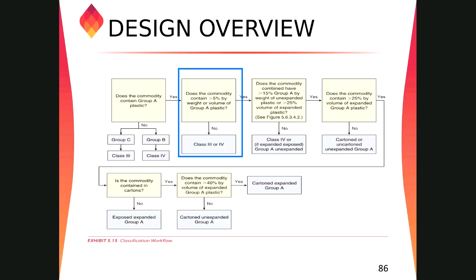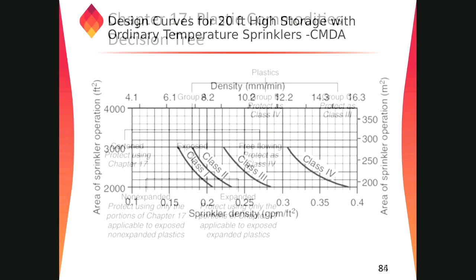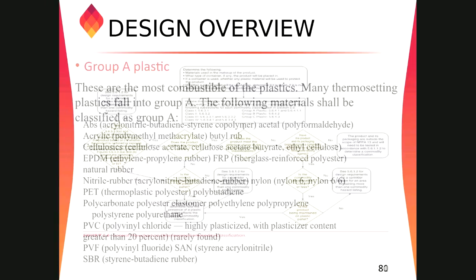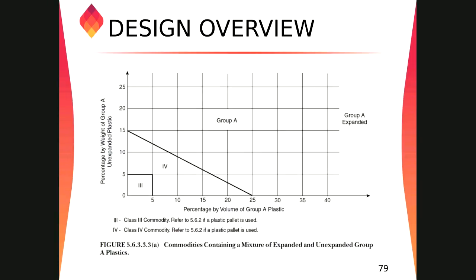Which graph do you mean, Mr. Arif? I discussed that graph yesterday. I'll just go back to that. Just wait a moment. This one, right? We can keep 5% of the group A plastics by weight or by volume in class 3 commodities. So if it is like that, we can keep 5% in class 3 commodities.